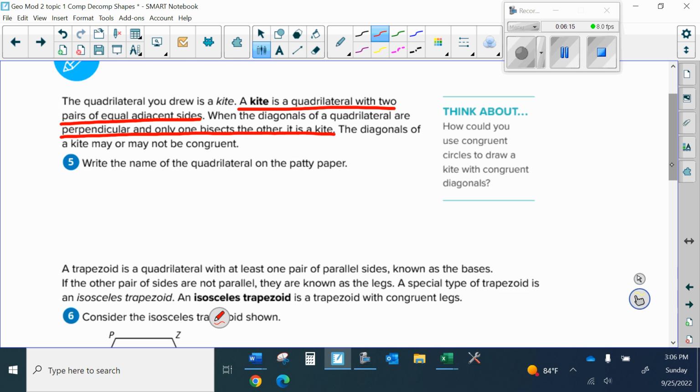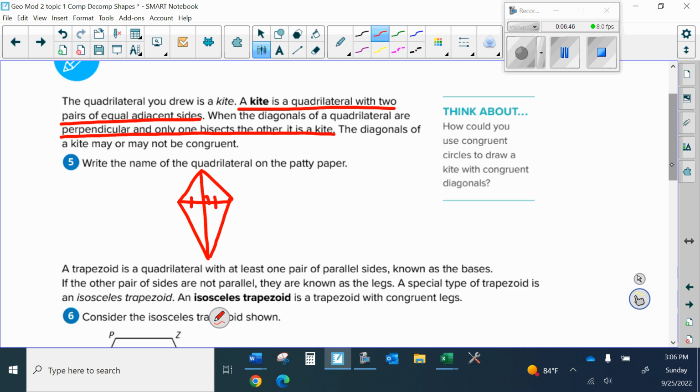Okay, so if we go down below kite, we have a rhombus, and then below that, we have a square. On a rhombus and a square, the diagonals bisect each other, both pairs of diagonals. Well, for a kite, only one pair does. So if I was to draw a kite, for example, like this, see, only the longer diagonal bisects that shorter diagonal right there, and it's perpendicular.